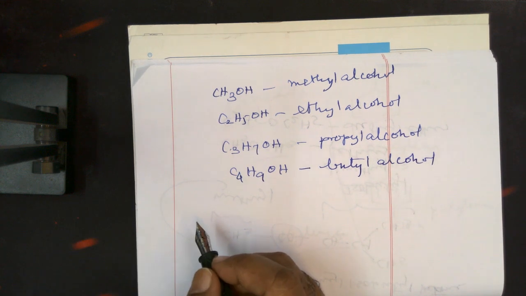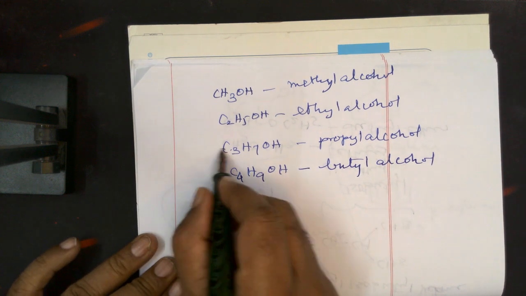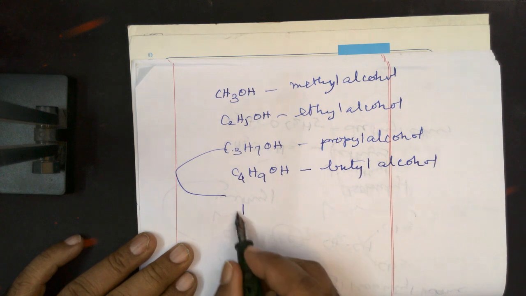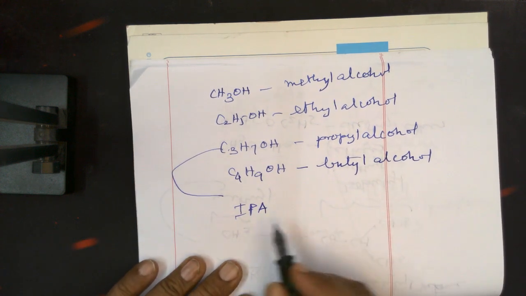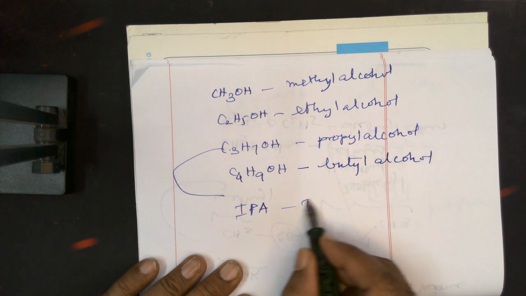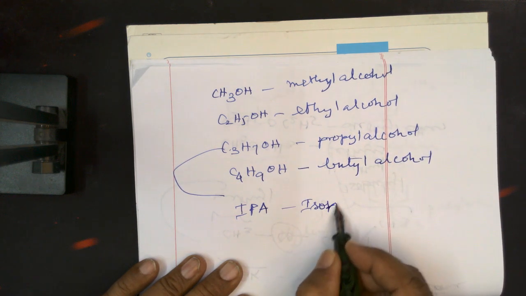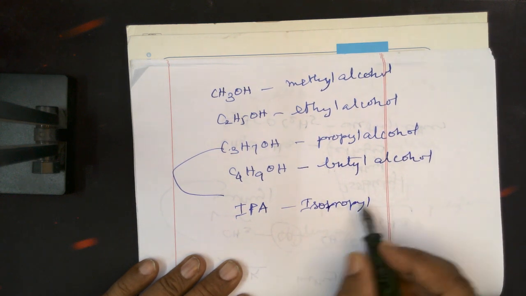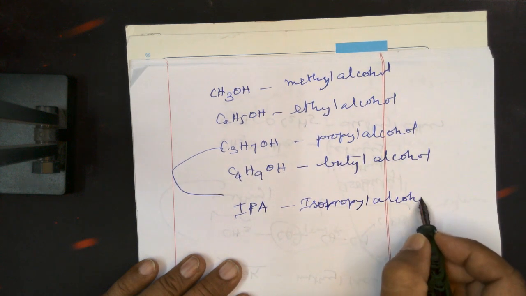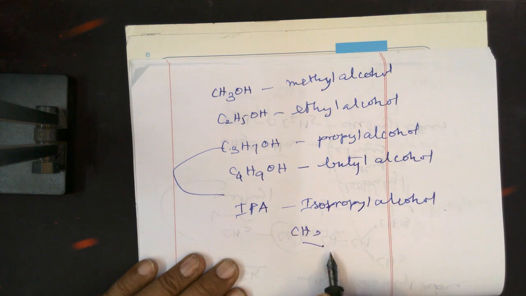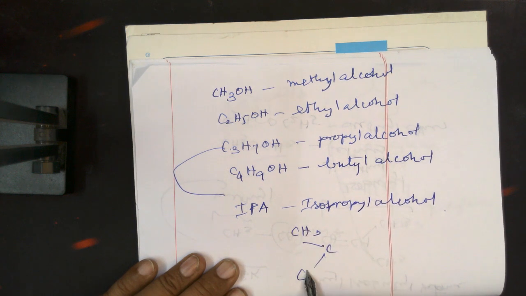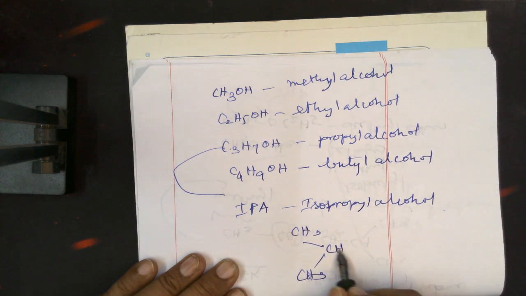Okay, and you know something about isopropyl alcohol, IPA. These are all used in cleaning plastics. Isopropyl means CH3, CH3 and then CHOH.